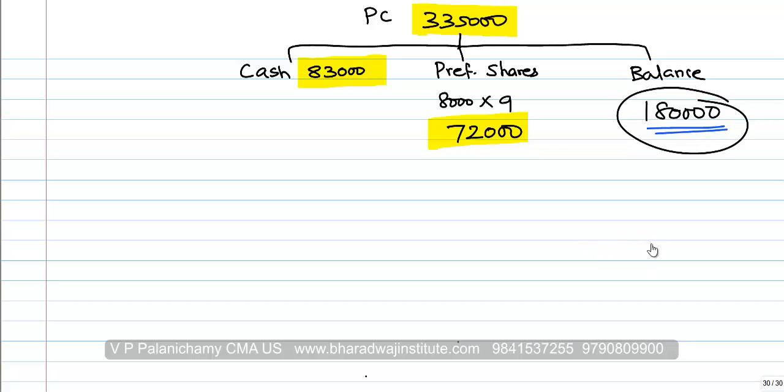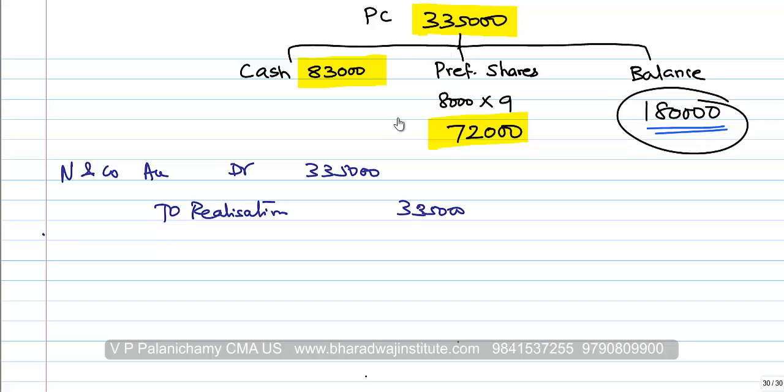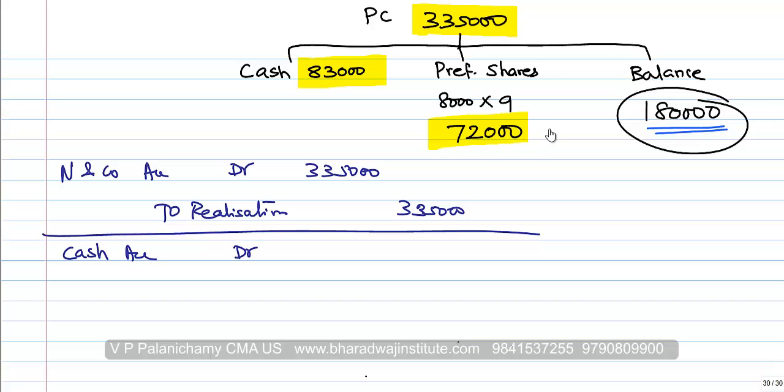Listen, look at the entry we passed. What is the first entry for purchase consideration? Purchasing company account debit to realization account. What is the purchasing company name in this problem? Nanak and Company Limited account debit to realization. What is the purchase consideration? 3,35,000. Then we are getting the consideration. What is the entry for getting the consideration? Cash account debit, how much are we getting? 83,000.